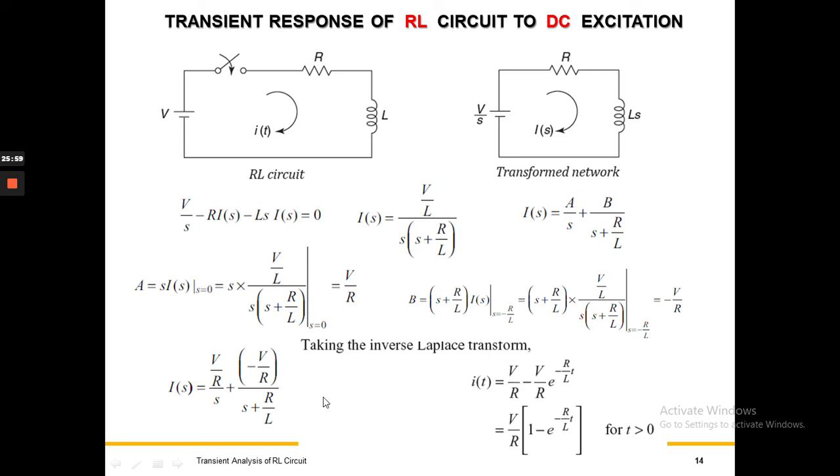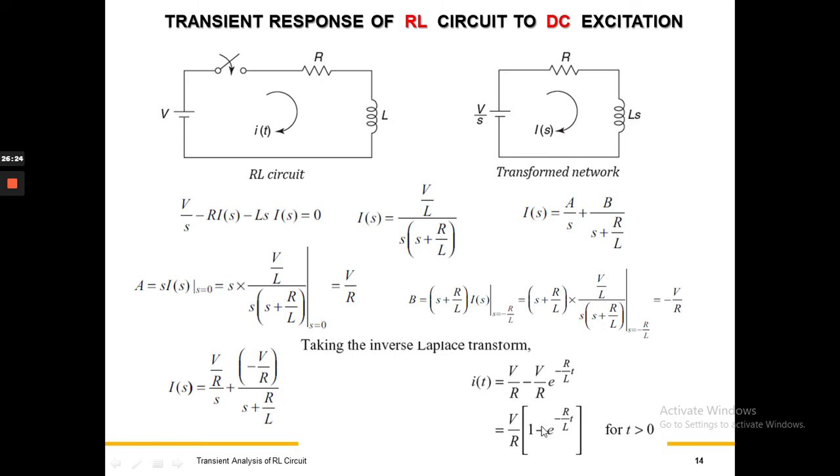The inverse Laplace transform of 1 by s is 1. The inverse Laplace transform of 1 by s plus a, where a is R by L, is e raised to minus at. V by R is a constant, and minus V by R is a constant. So a is R by L, and we get the inverse Laplace transform like this.